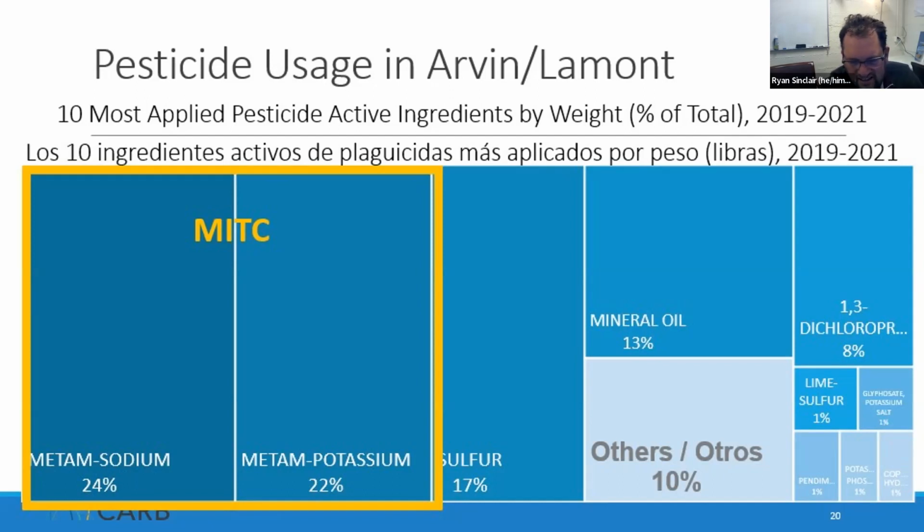I think the DPR definitely wants to make sure they're addressing the sensitive receptor sites. So the ideal site would be the transition between those two zones. Then it gets even more complicated, because you have to look at which way the wind blows, and when the pesticides are applied, what season they're applied.